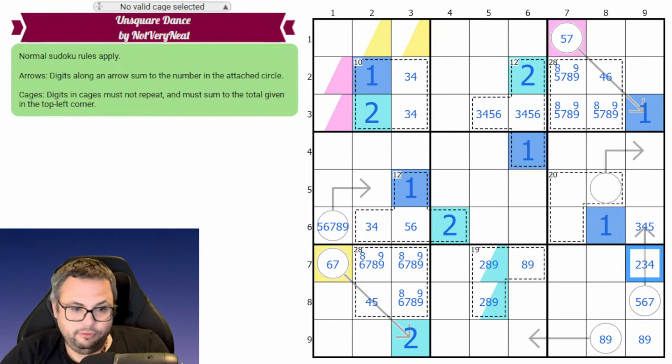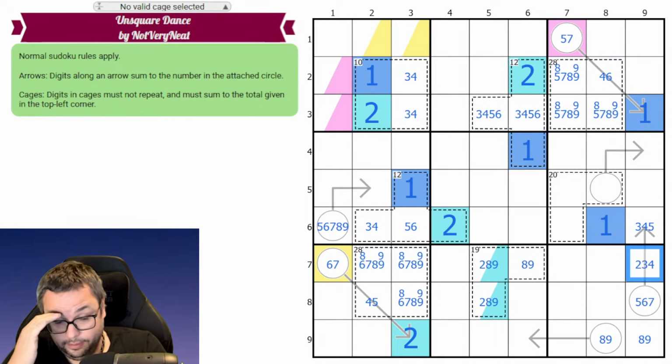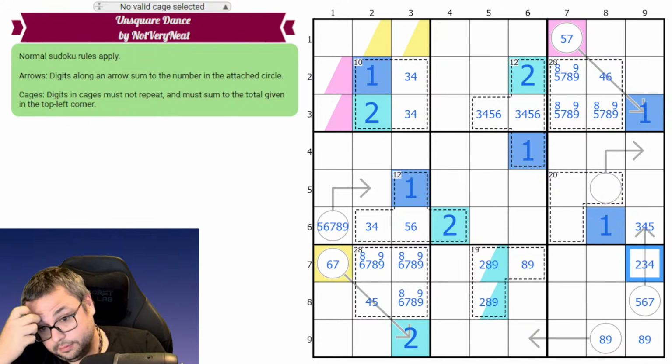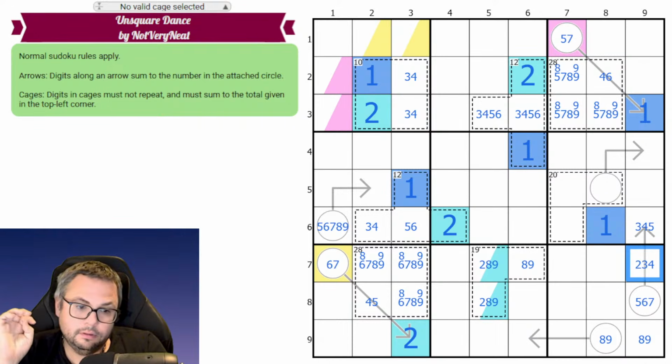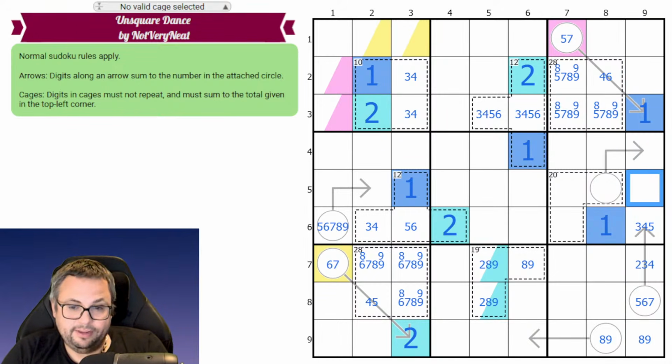So we can write a 2, 3, 4 in there. Oh, yeah, the other 8, 9 in this column now is pushed exactly here, because it can't go there. I agree with Egbert.